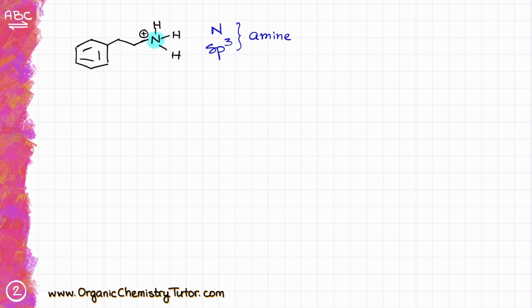On top of that, I see that this nitrogen is positively charged, which means that this is going to be a protonated amine, a protonated species, which means that in my pKa table I would look it up next to other species where nitrogen is positively charged. So this one is probably going to be the closest to something like CH3NH3+ in my pKa table. And if I look up the value for that one, I'm going to see the value of 10.6.